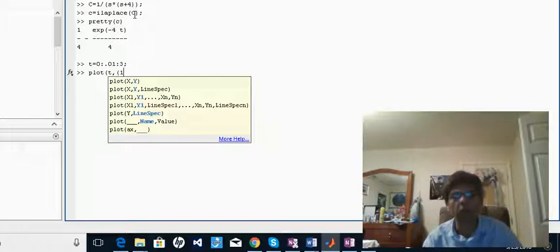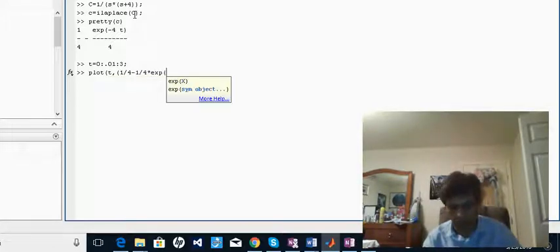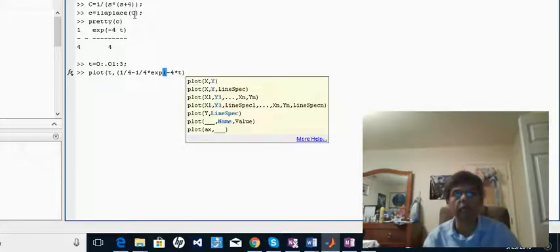That will be 1 over 4 minus 1 over 4 star e to the power, well, exponent we can put, minus 4 star t. Make sure you put that minus in there, otherwise the graph will go the other way around.